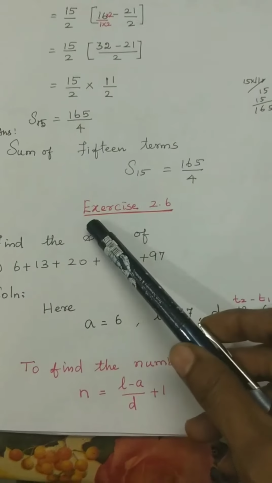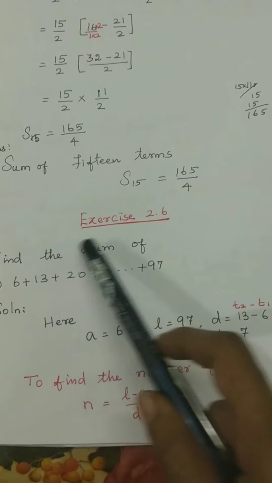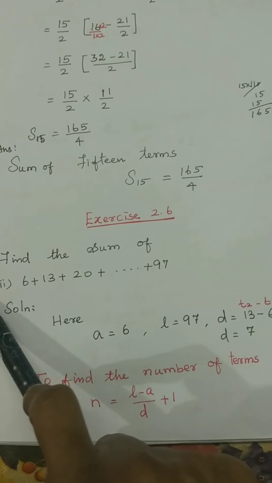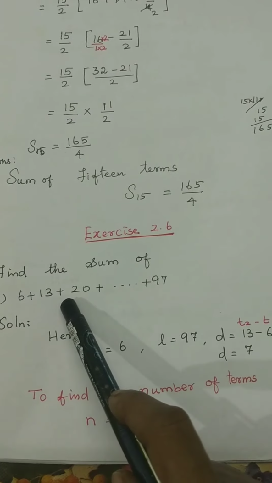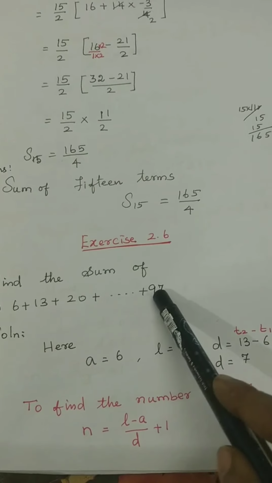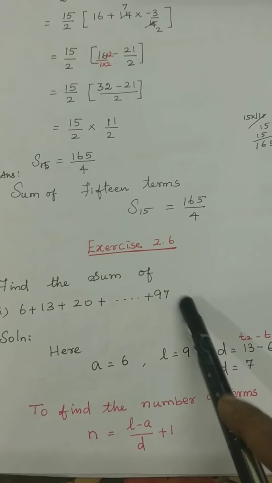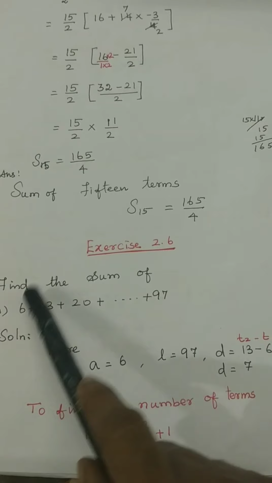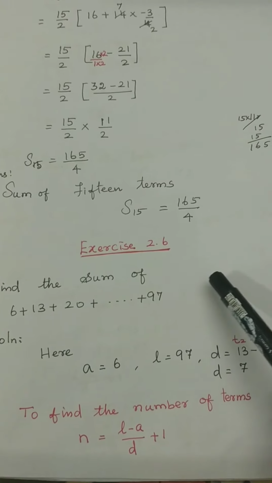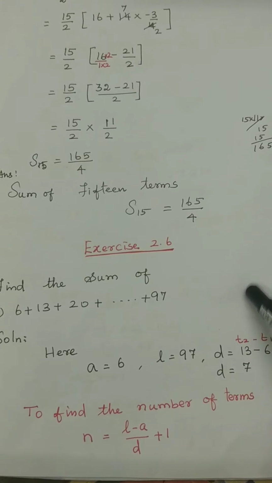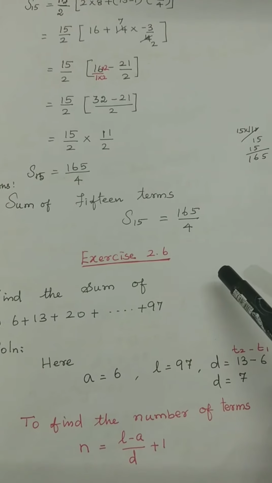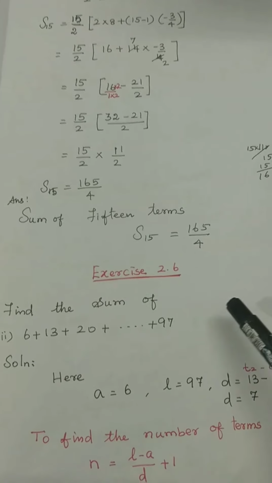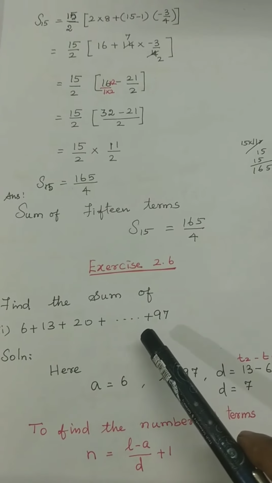Then in exercise 2.6, find the sum of the third subdivision: 6 plus 13 plus 20 plus and so on plus 97. Here they have given the first term and last term, so you can use the formula Sn is equal to n by 2 into A plus L. Using that formula you can add.